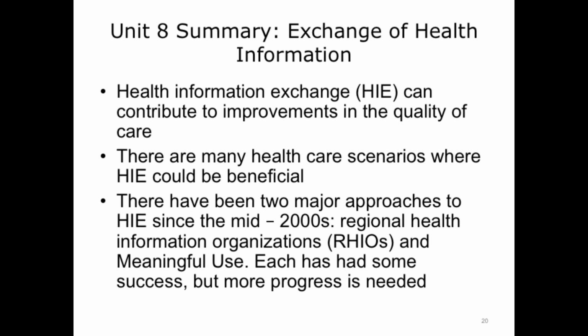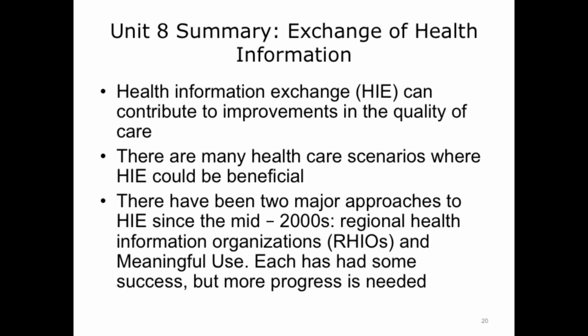This concludes Unit 8, Exchange of Health Information. The summary of this unit is that health information exchange can contribute to improvements in the quality of care. There are many healthcare scenarios where health information exchange could be beneficial. There have been 2 major approaches to health information exchange since the mid-2000s: regional health information organizations, or RHIOs, and meaningful use.